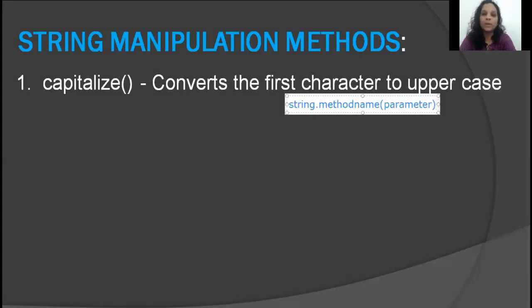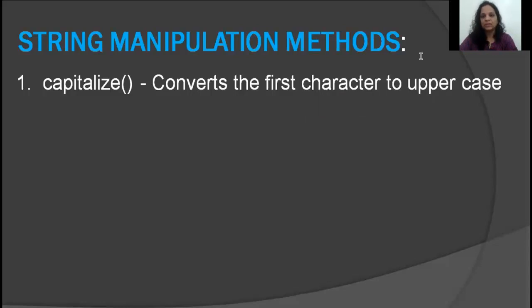So this is the format of using any of the functions that we are going to learn today: the string, either the raw string or the string variable, dot, the name of the method, among the 15 or 16 methods that we are going to learn. And if the method requires any data, then that data or parameters you will specify in round brackets. Is that clear?